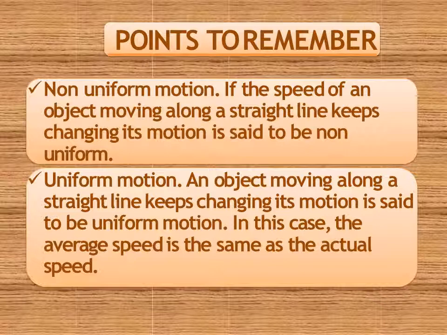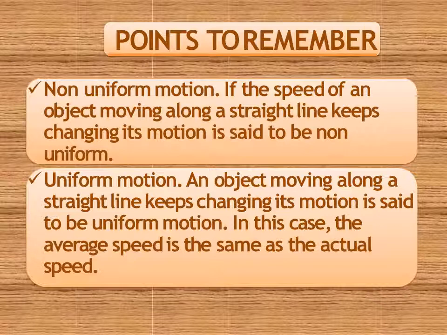For example, if a car is moving and its speed is 40 kilometers per hour, and after 10 minutes the same car's speed is 50 kilometers per hour, and after again 10 minutes its speed is 55 kilometers per hour, the speed keeps on changing with respect to time, and that type of motion is called non-uniform motion.